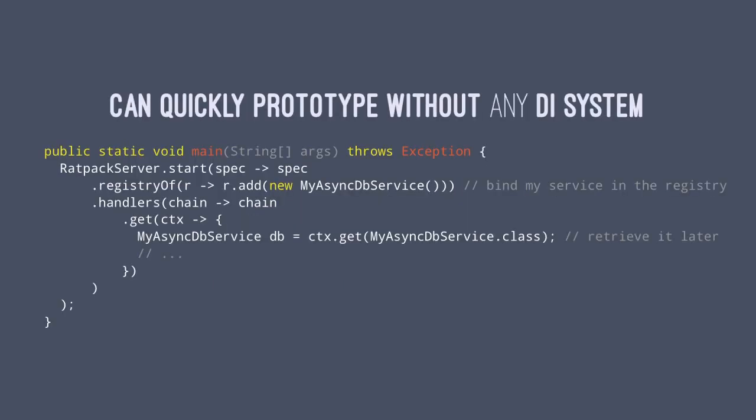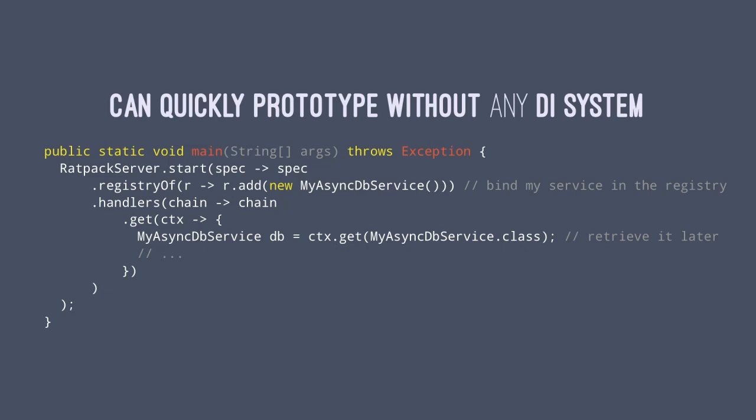So real quick, this is a demonstration of what a registry looks like in Ratpack. As part of your server specification, you tell it what the structure of your registry looks like. Inside of that registry, you apply your component bindings. Now this is done entirely without any DI system behind the scenes, right?